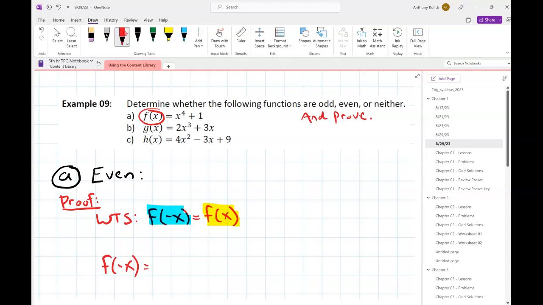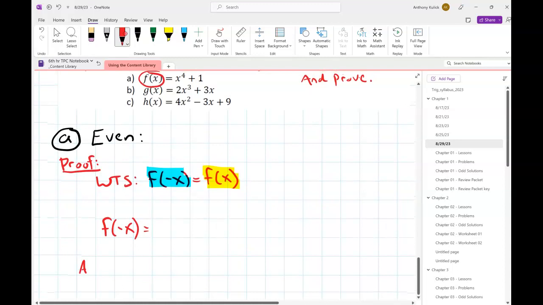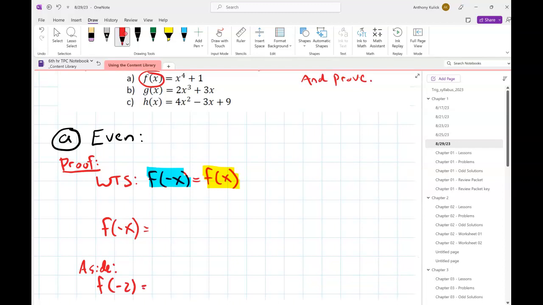If I had instead, let's just treat this as an aside since the answer doesn't seem obvious. What if I had f of negative 2? What would I do with that? If there's just a number in there, what does it mean when I have a number in parentheses next to a function like that?